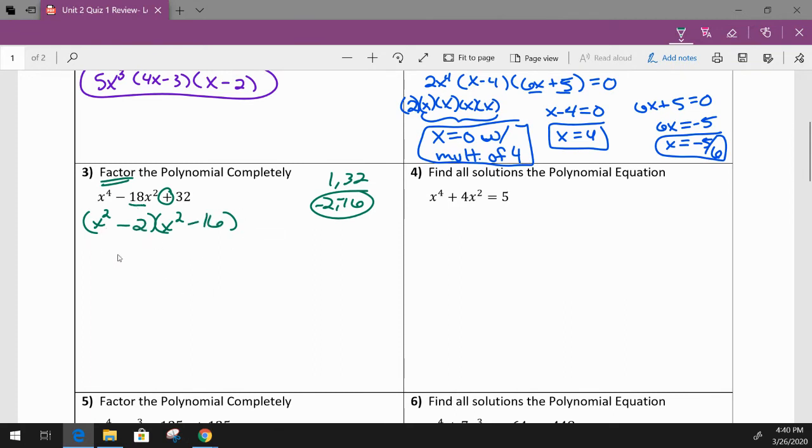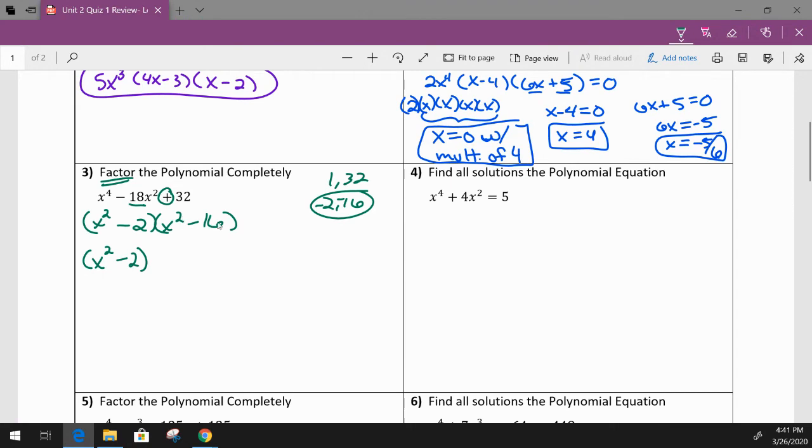Now, if you look at this polynomial, the x squared minus 2 is not a difference of squares because 2 is not a perfect square. Since we are just factoring with real numbers, not with irrational numbers, we're going to just leave that x squared minus 2 alone.